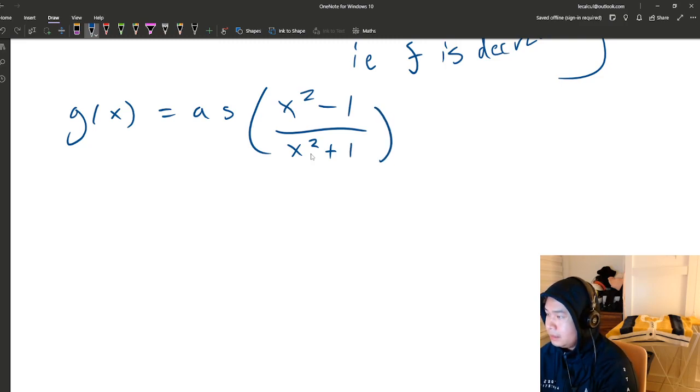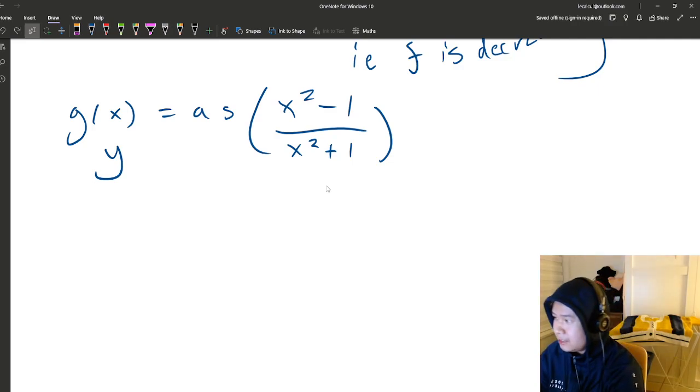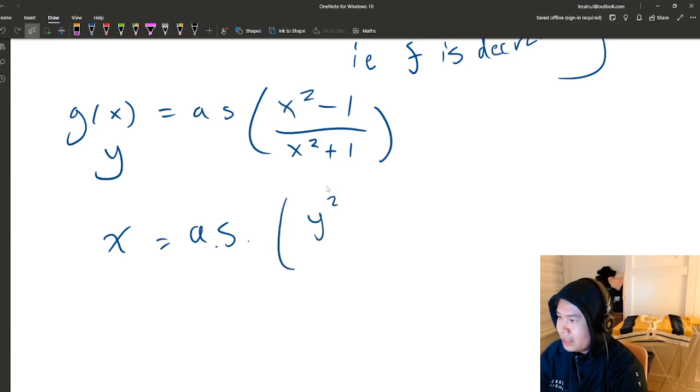Okay, so we can call this y, and then we'll just go through the algebraic process. We switch x and y, so this becomes x. We have arcsine. Don't write it like this on your exam. I'm just being lazy, trying to save time.